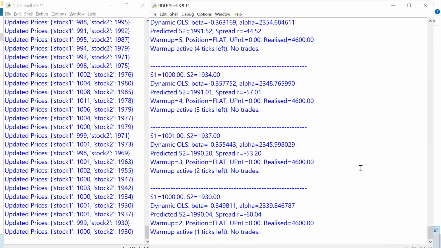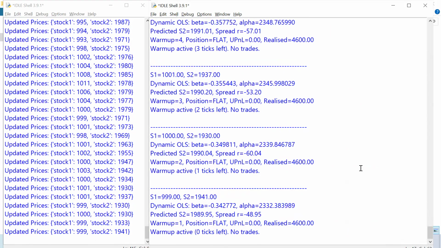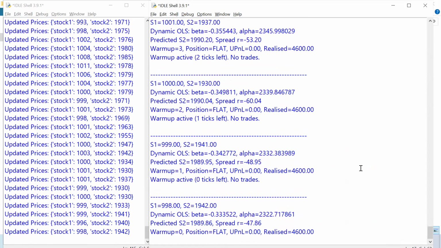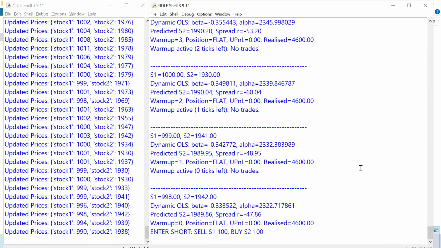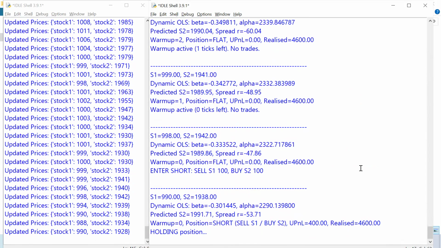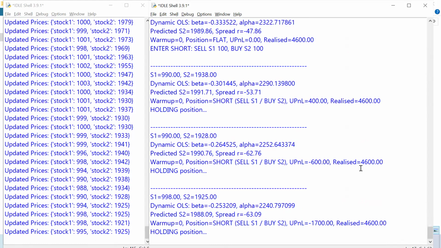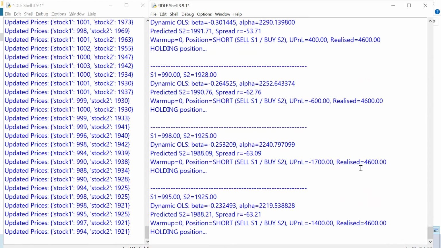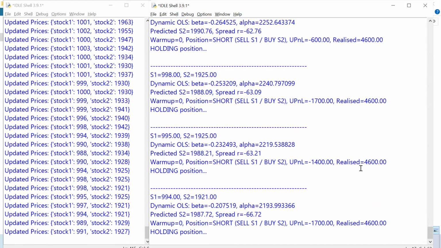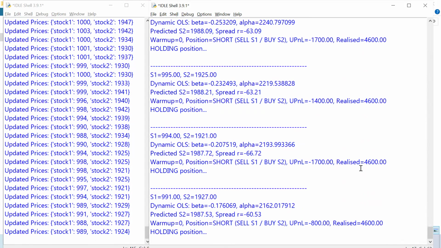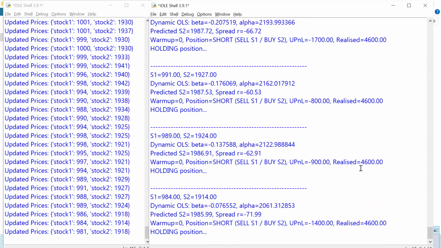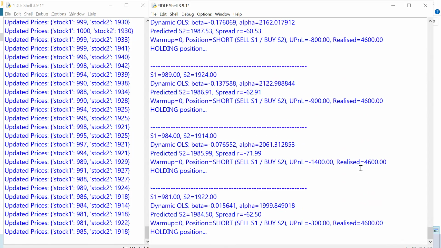So now, warm-up cycle again, we are collecting the readings. Sell S1. Okay, spread is negative. S1 is going against us, or might be S2 is against us, any one of them.